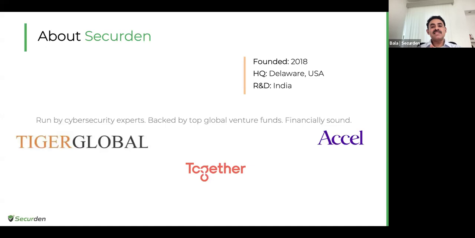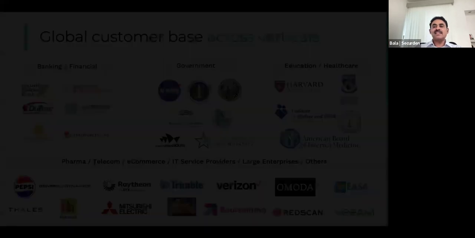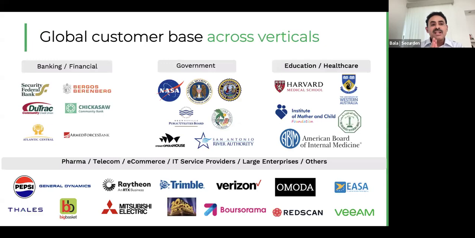The company is headquartered in the US, and R&D happens here in Chennai in India. We are backed by renowned venture capital firms like Tiger Global, Accel, and other VCs. The company was founded in 2018, so it has been close to 7 years now.